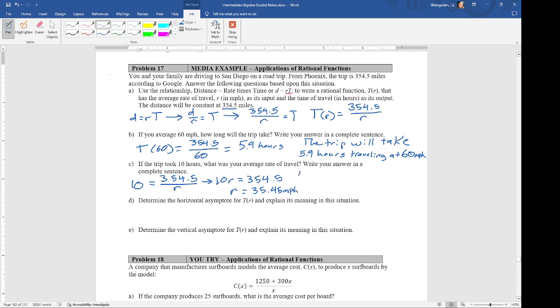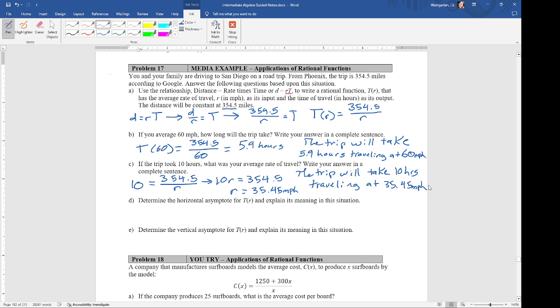The trip will take 10 hours traveling at 35.45 miles per hour.